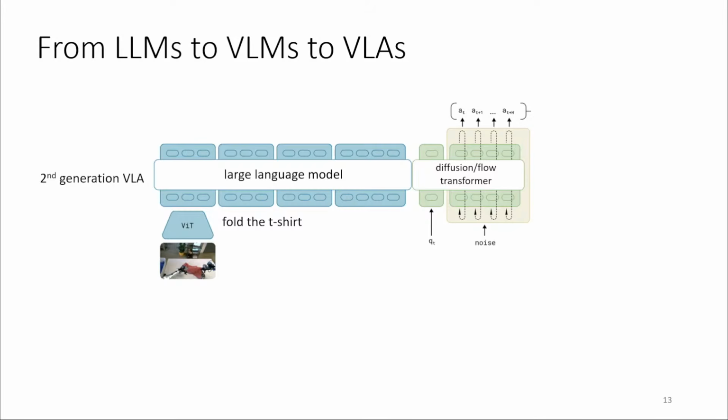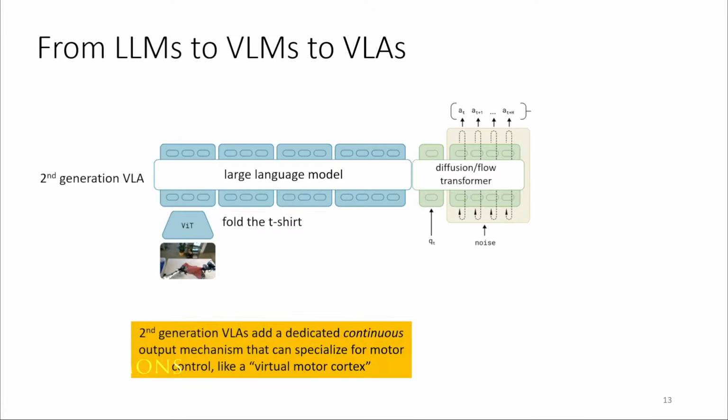This is the architecture from the Pi0 paper, but there are many other architectures that use more or less a similar type of design. This is a mixture of transformers design. Other folks also use a separate diffusion head, but it's the same principle: you have some kind of DiT-based mechanism for producing continuous action chunks, and it can somehow attend to representations inside of the vision language model backbone. So second generation VLAs add a dedicated continuous output mechanism.